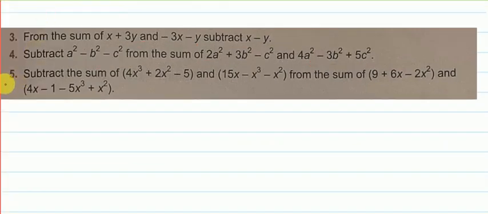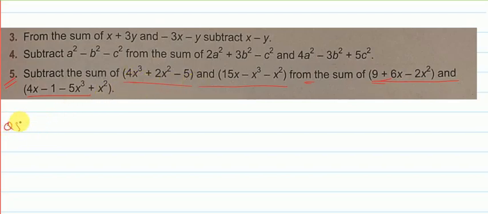Now we will do question number 5. Here it says subtract the sum of this from the sum of this. So the sum of this and this should be written first. Then minus the sum of these two.